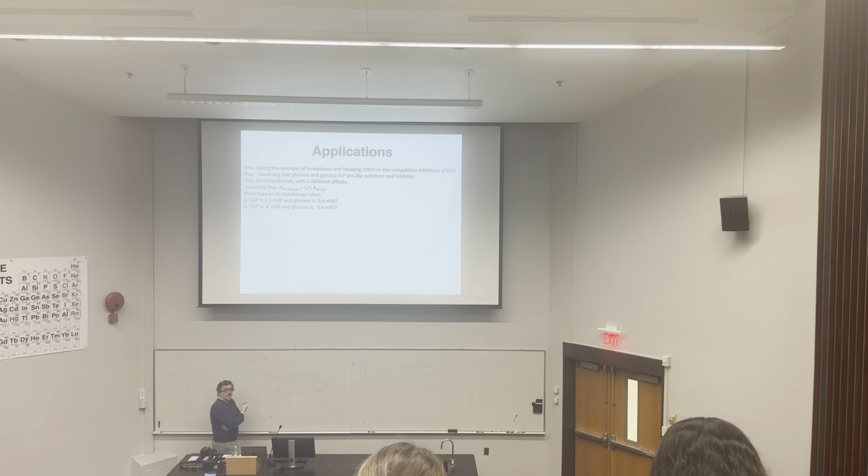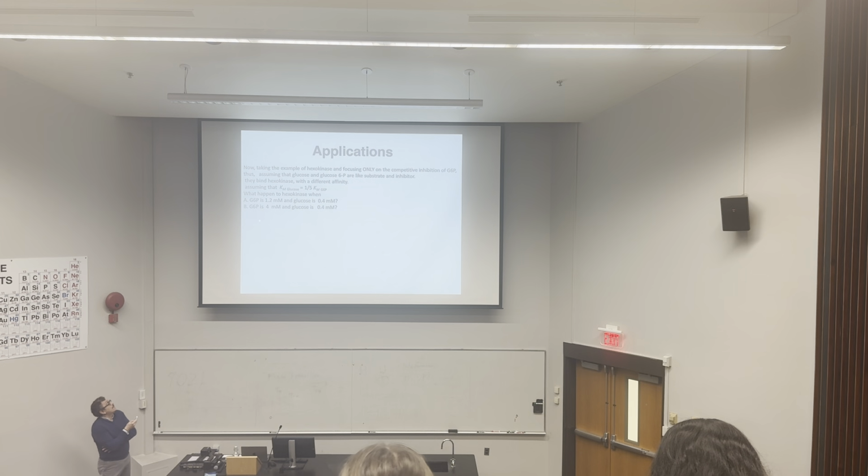So if glucose 6-phosphate is 10 times more concentrated than glucose, and this Kconm is 5 times more than that of glucose, now we can imagine roughly that there are 2 more chances to bind glucose 6-phosphate instead of glucose because it's so much more abundant in the latter case.